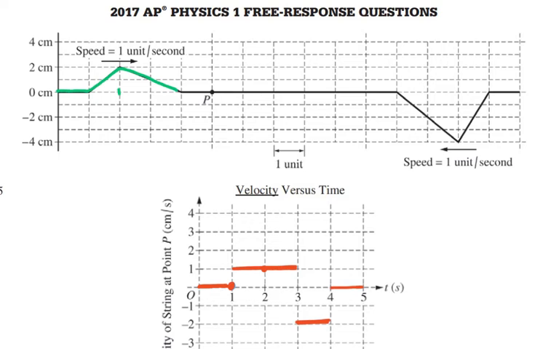So 1, 2, 3, 4, 5. In 5 seconds, this pulse is going to be right here. For the next one, I have this pulse, and in 5 seconds it's going to move 5 units to the left. 1, 2, 3, 4, 5. So at this moment I will have this pulse in this position.